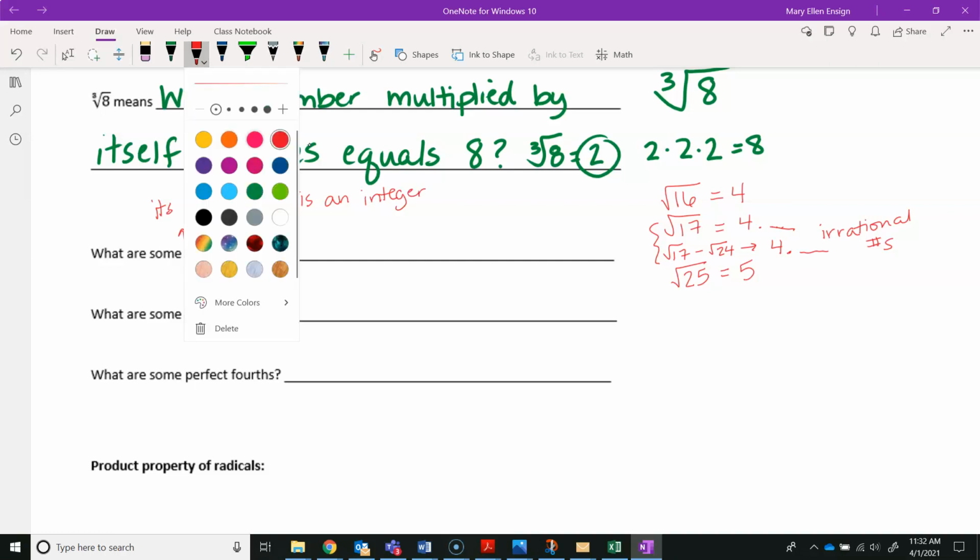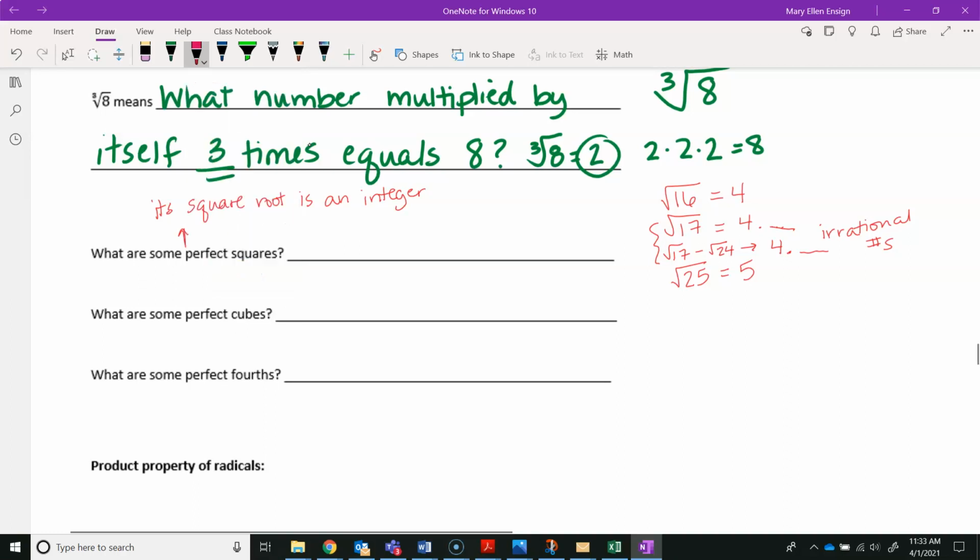Well, if I think about getting a perfect square, I'm thinking what number am I multiplying by itself to get that number? So 1 times 1 is going to be 1. 2 times 2 is going to be 4. So 4 is a perfect square because it has an integer 2 that multiplies by itself to make it. Let's see, 3 times 3 is going to be 9. 4 times 4 is 16, 5 times 5 is 25.